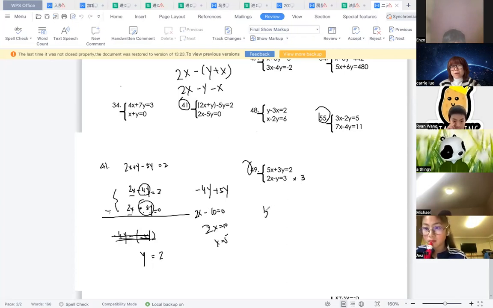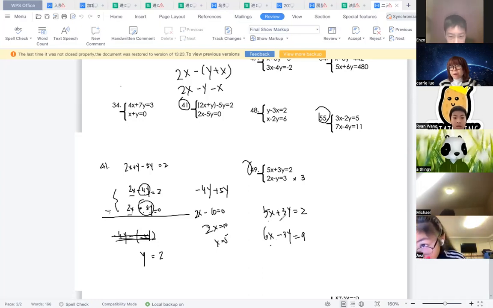Okay, so we have 5x plus 3y equals 2, and the second one equals 6x minus 3y equals 9, correct? Okay, so Ava and Enzo and Thane, Ryan and Michael, I want you to see 5x and 6x and the 3y, positive 3y and negative 3y. In order to get rid of y, we need to plus them or minus them.